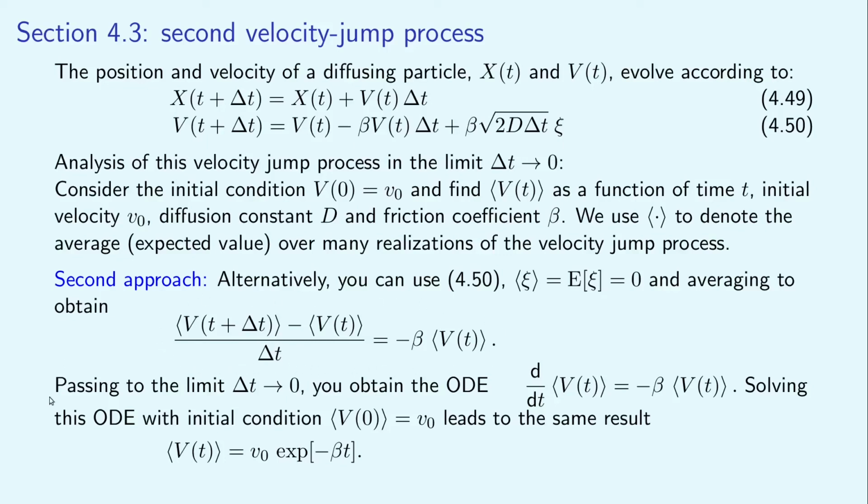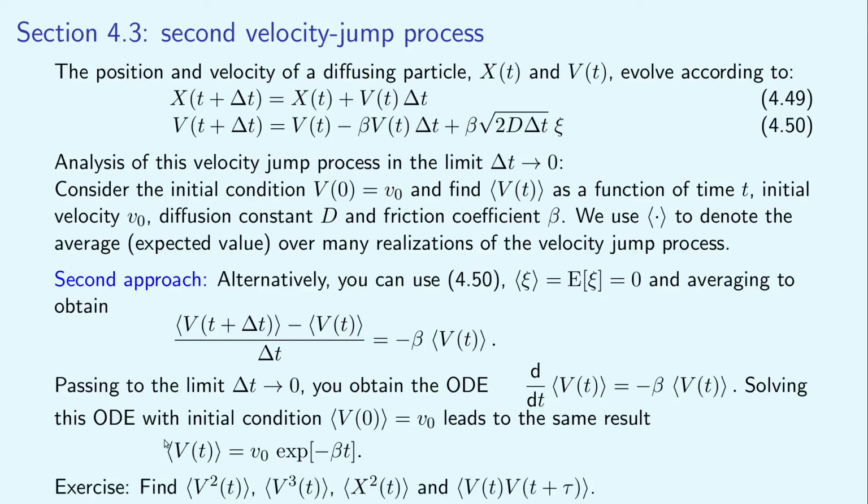Next, we pass to the limit delta t goes to 0 to obtain this ordinary differential equation. Solving this ODE with initial condition that v at time 0 is equal to v0, we obtain the same result as before. As an exercise, you could calculate other moments as well.